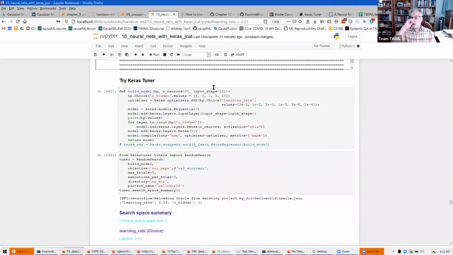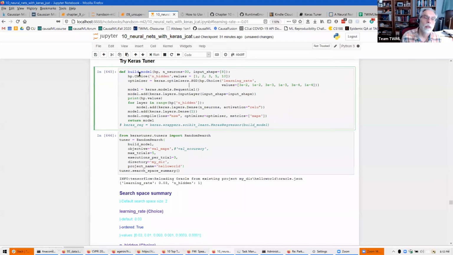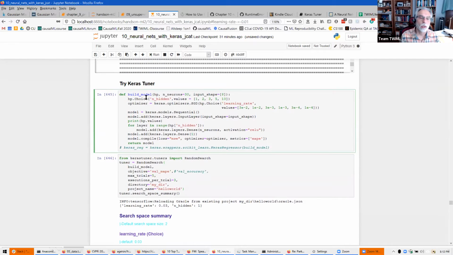Anyway, back down here. So this is a different method of doing hyperparameter tuning using this package from Keras. It's just called Keras Tuner. We have to rewrite this build model function with a little bit of syntax in it. HP is for hyperparameters, and HP is an object, a hyperparameter object in this Keras Tuner. If you want to provide some values for hyperparameters, you have to go hp.choice and then give it the name of the parameter and a list of values that you want to check.